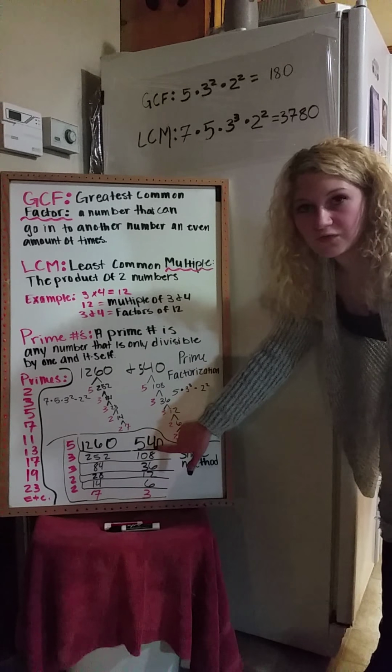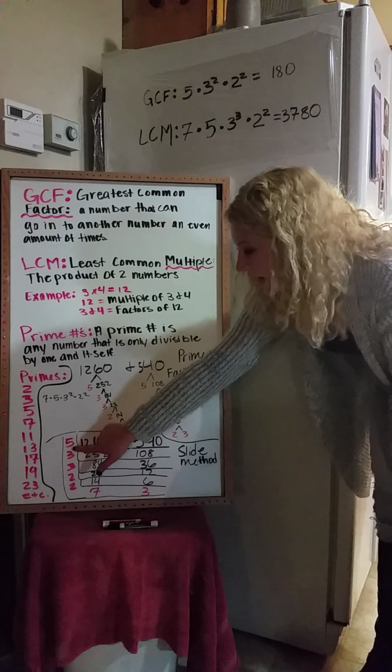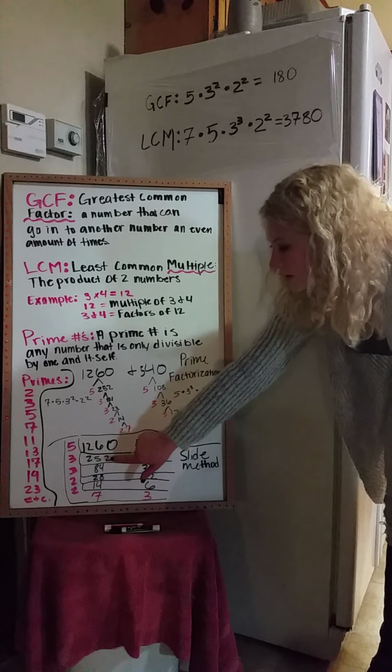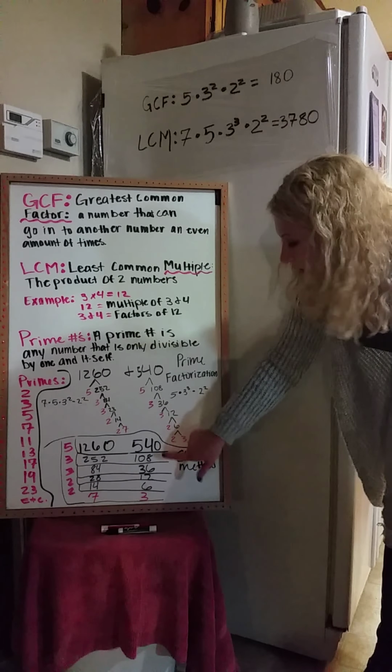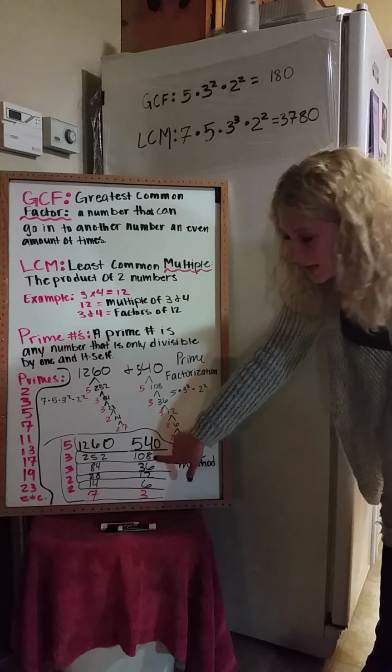1,260 and 540. 5 goes into this number 252 times, and 5 goes into 540 108 times.